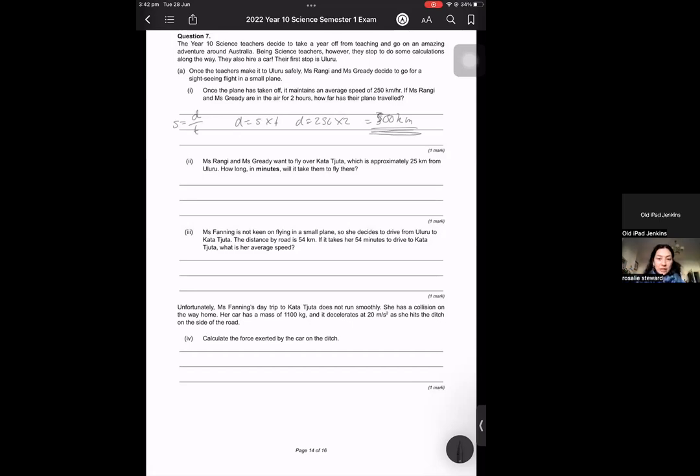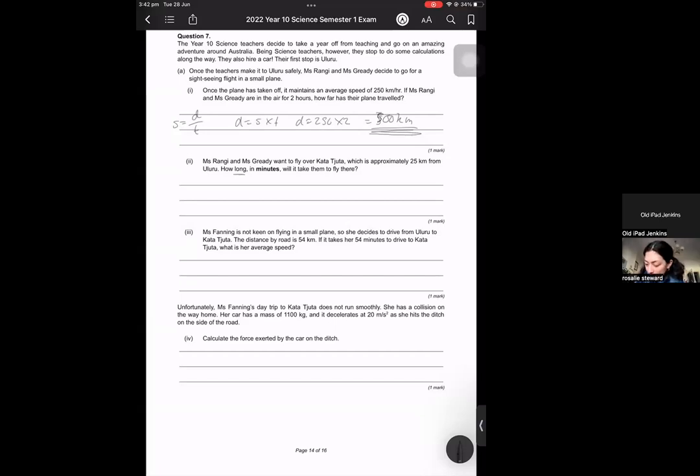Okay, so they want to fly to Kata Tjuta, which is 25 kilometers from Uluru. How long in minutes will it take them to fly there? Sorry, I just totally blanked for a second. So what we're looking for here is how long, which is time.